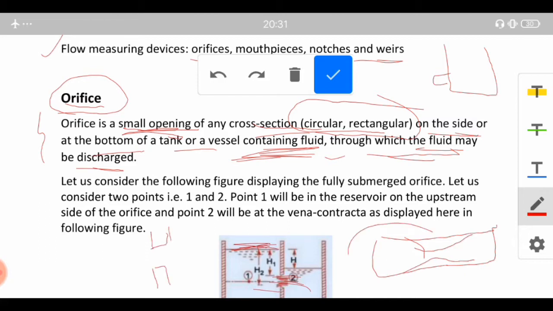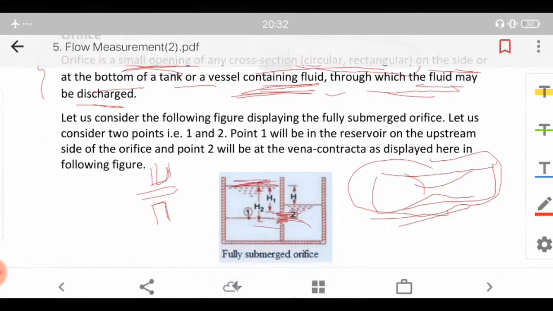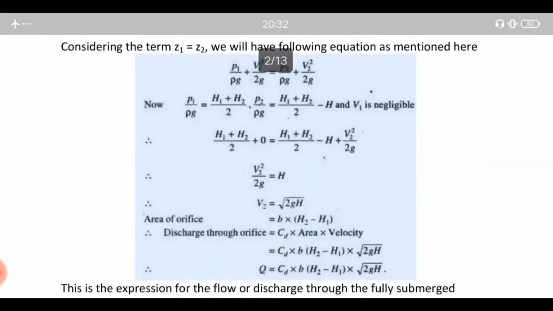Orifice meter is the device that you use to measure the flow rate, but orifice is just a small opening which controls the flow rate. So let us derive something related to the orifice.